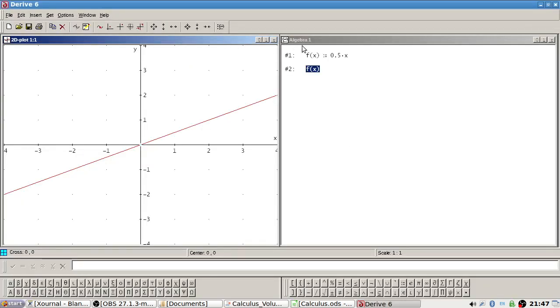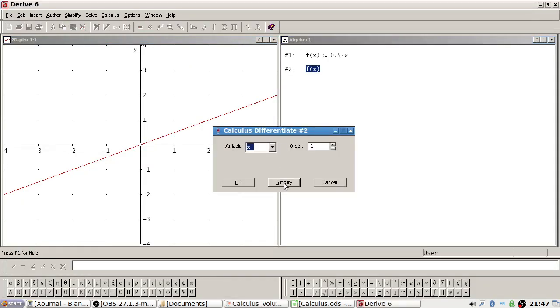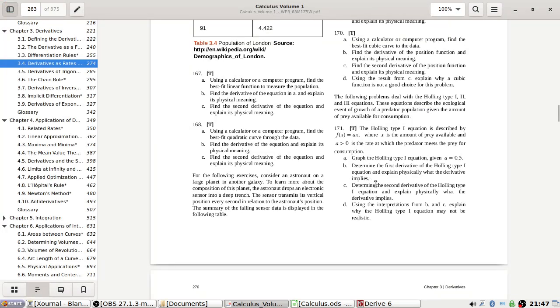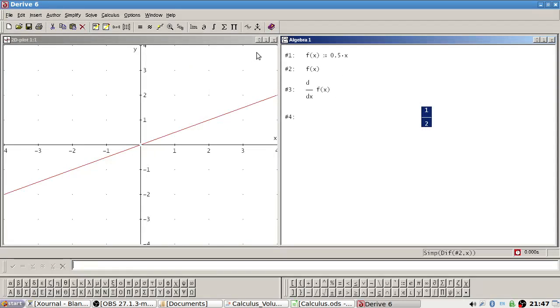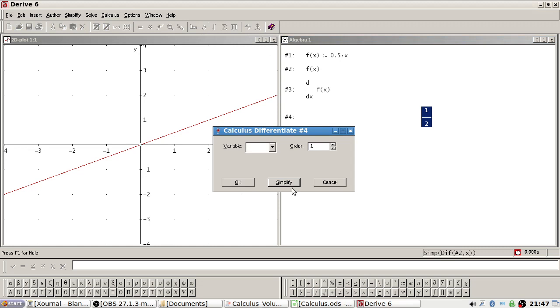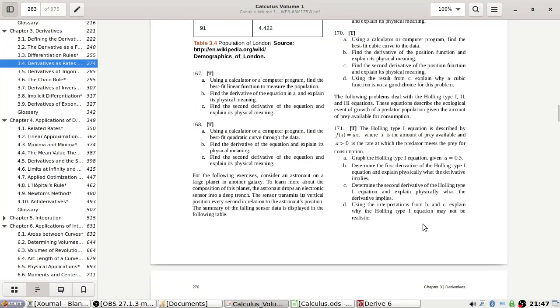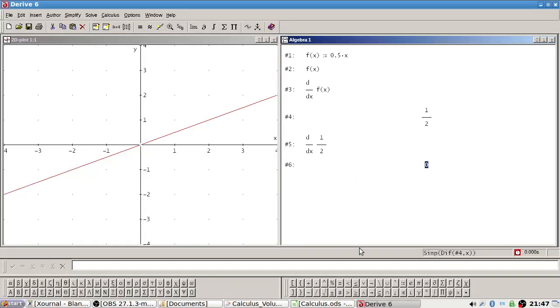The derivative, no problem. Determine the second derivative, no problem. It's going to be 0. So what's the interpretations? How do I use comments here? Is it, no, there's a quote, isn't it?